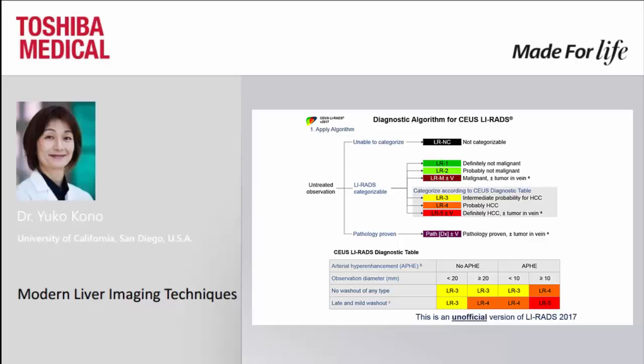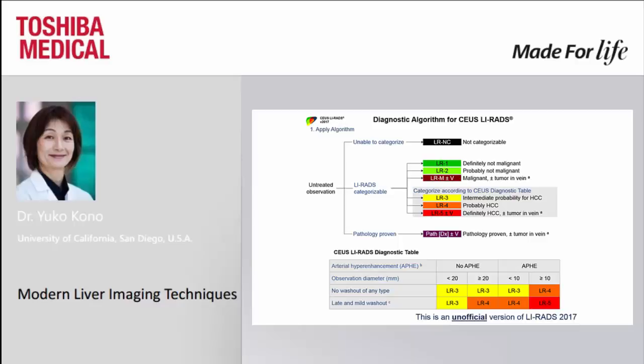Then we can call it LI-RADS 5. We can do surgery, we can treat as an HCC without biopsy. So not like CT or MRI, in which we just look at the presence of washout, and then of course they have capsule appearance and other ancillary features.